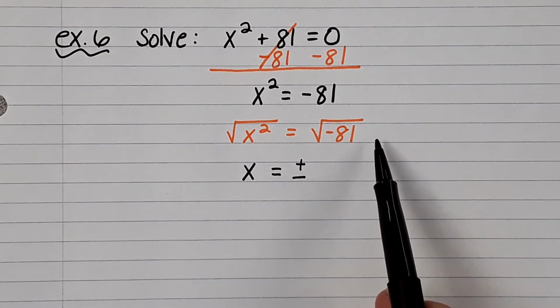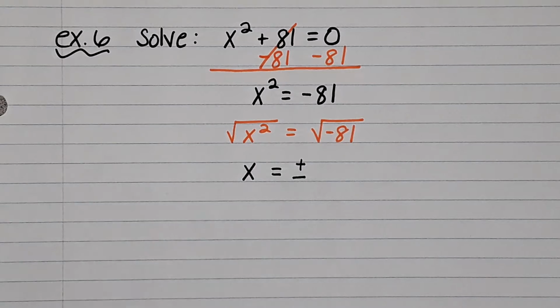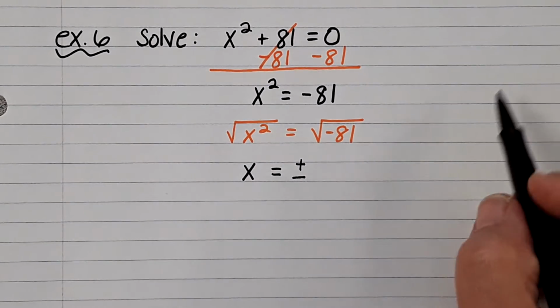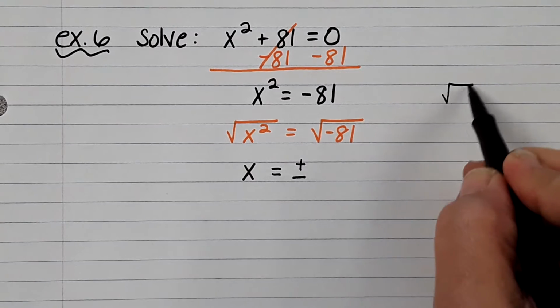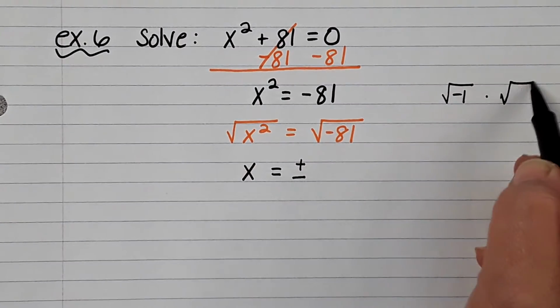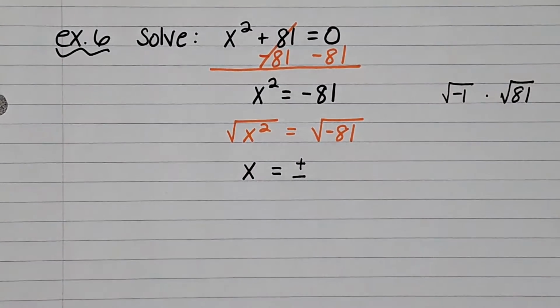Now, the square root of negative 81, we're going to simplify it, just like we did examples 1, 2 and 5. So that would break up into the square root of negative 1 times the square root of 81. If you know the answer, you can just write it. But if you don't, let's go through it like it wasn't a perfect square.